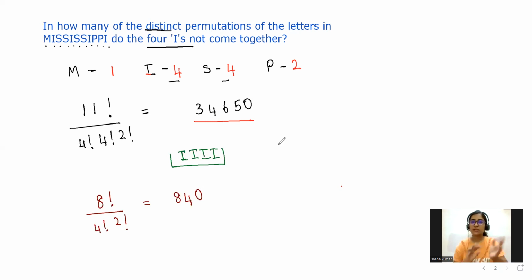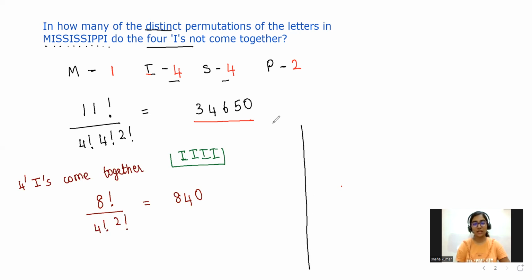Okay. Now they're asking me the situations where the I's don't come together. Now, this is a situation where the I's come together, right? 4 I's come together 840 times. So now how do I do it? I just have to subtract the value. So I have a total of 34,650.